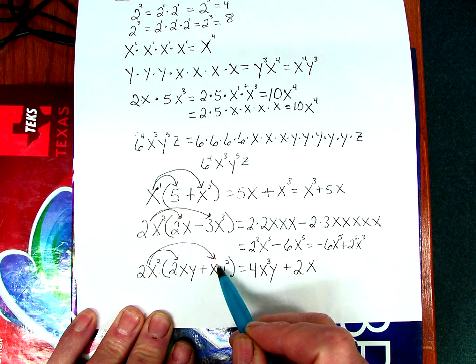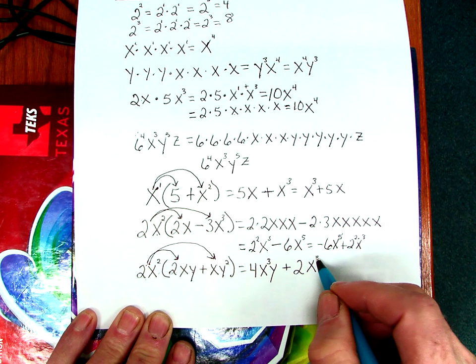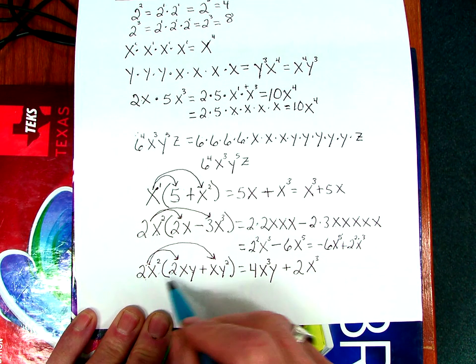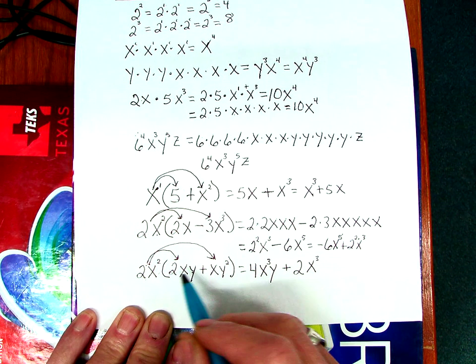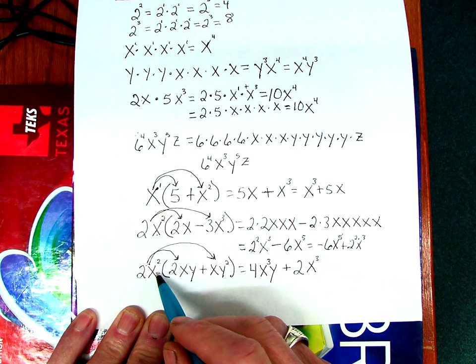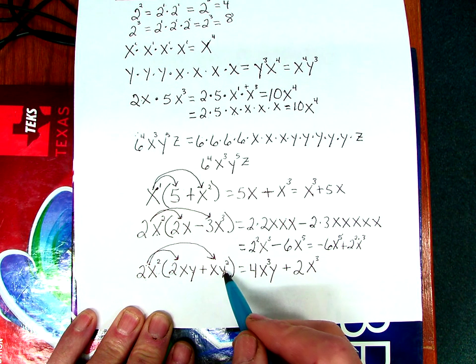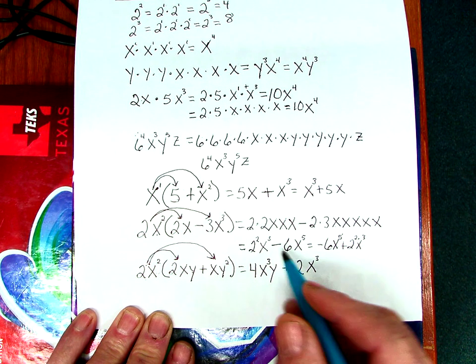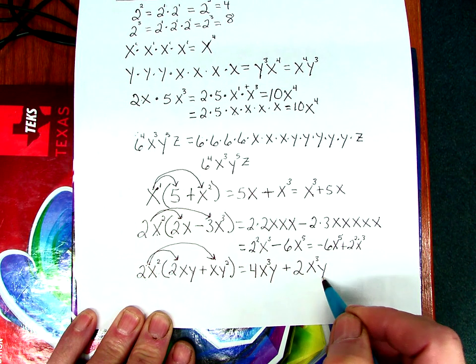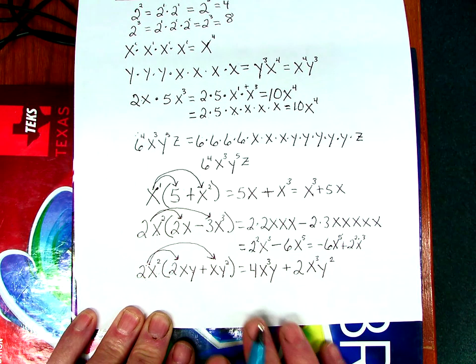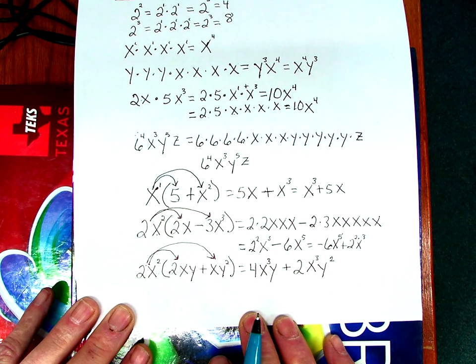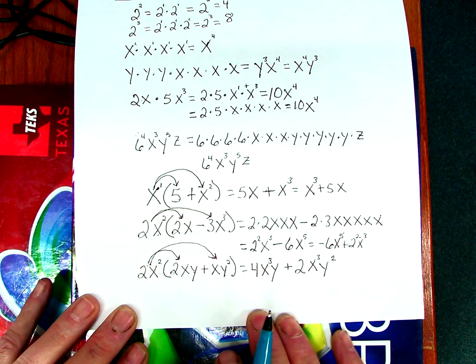So 2 plus 1 is 3. And now we get to the y's. There are no y's in this factor to increase the y's in this term. So it's just y to the second. And that's it. That's done. That's complete.